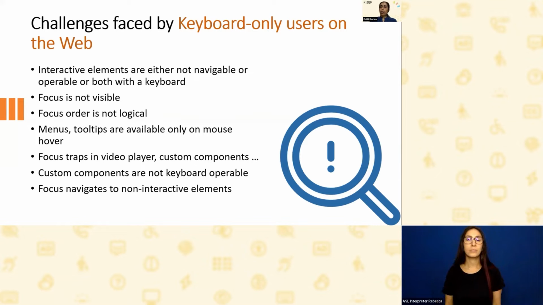Other types of problems that people generally face using a keyboard: they can navigate to elements in some parts, but they can't see where they are. The keyboard focus is not visible. When they are tabbing through different elements, the focus order is not logical.